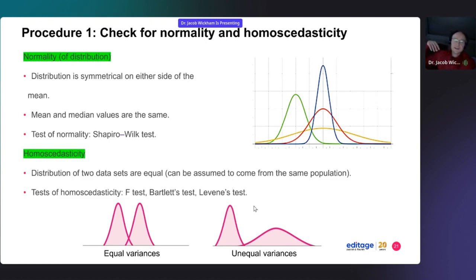So the variances are therefore unequal, and then you can switch to a non-parametric statistical test to examine the means of your data, or the variances of your data. Basically, homoscedasticity means the distributions of two data sets are equal. They're assumed to come from the same population. So these are quick and easy tests that you can do of your data before you start doing your ANOVAs, your parametric tests, or your non-parametric tests.